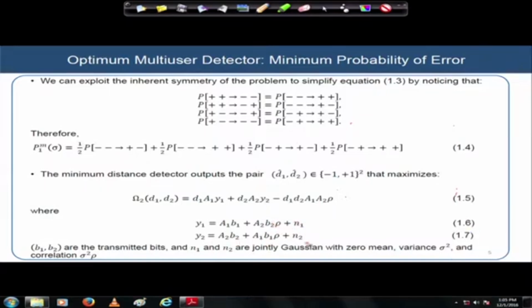Similarly, y2 is given by expression 1.7, where b1 and b2 are the transmitted bits, and n1 and n2 are jointly Gaussian noise with zero mean and variance sigma square, and sigma square into rho is the correlation factor.